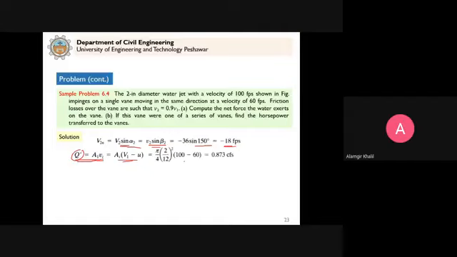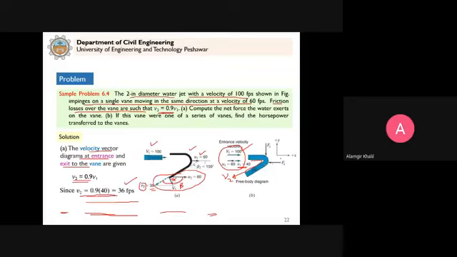In this case, these values are given to us. So this is the discharge. Now we consider the force in the x direction here. This is the assumed direction and this is the assumed direction. The plus or minus sign will tell us whether these assumed directions are correct or not.